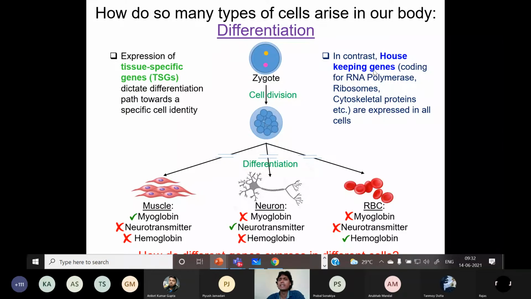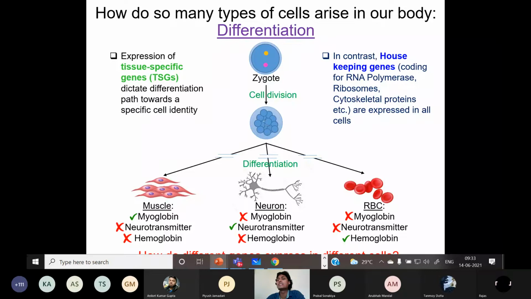Now here on the right side, in contrast to tissue specific genes, we have some other genes which are called housekeeping genes. Those are not really terminology. You can just remember housekeeping genes means those genes which are required in every cell all the time.